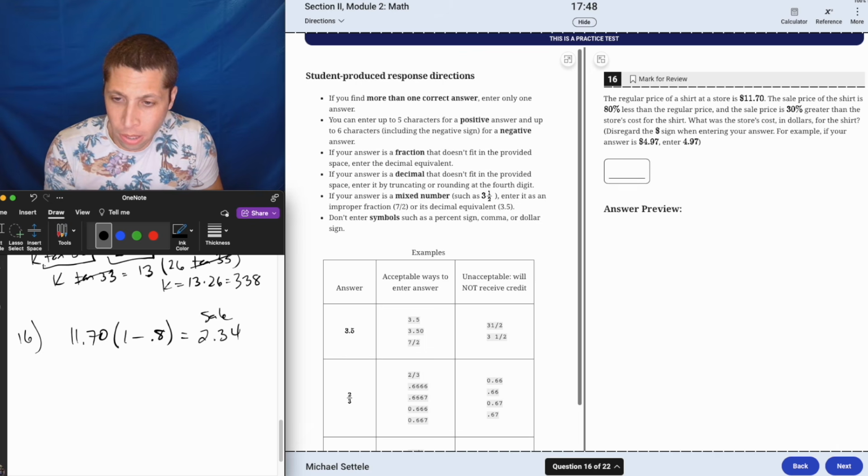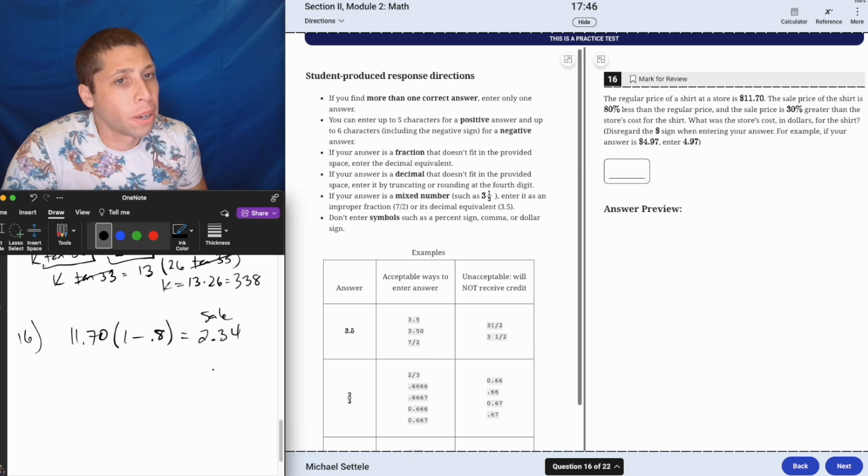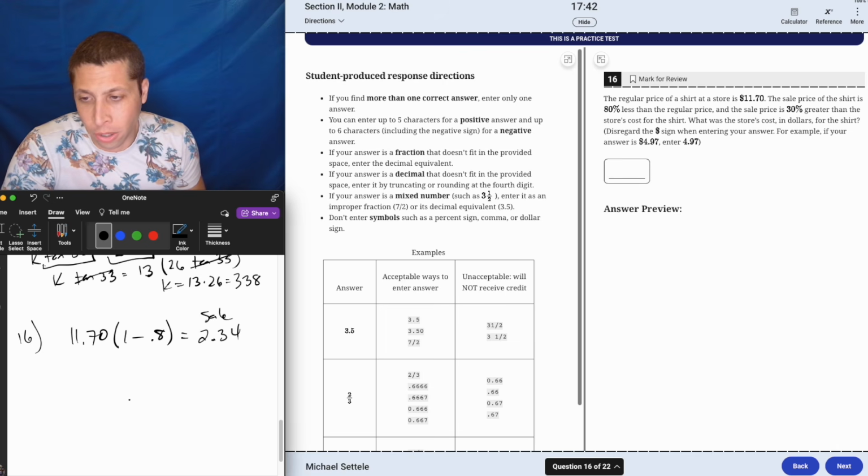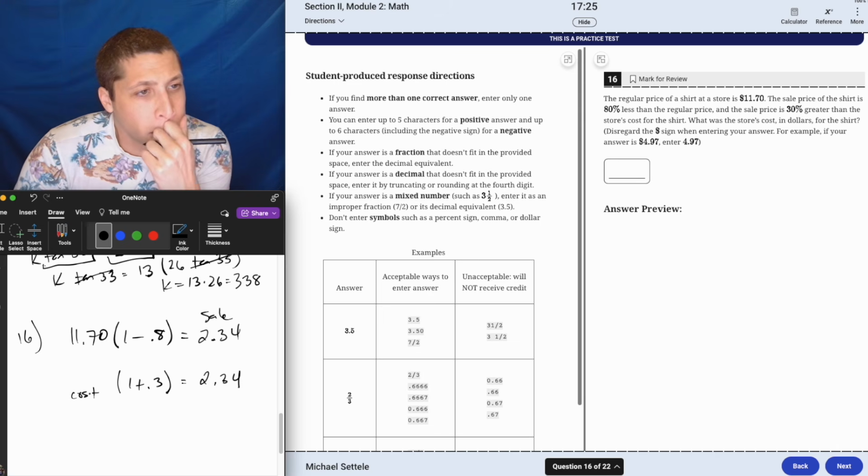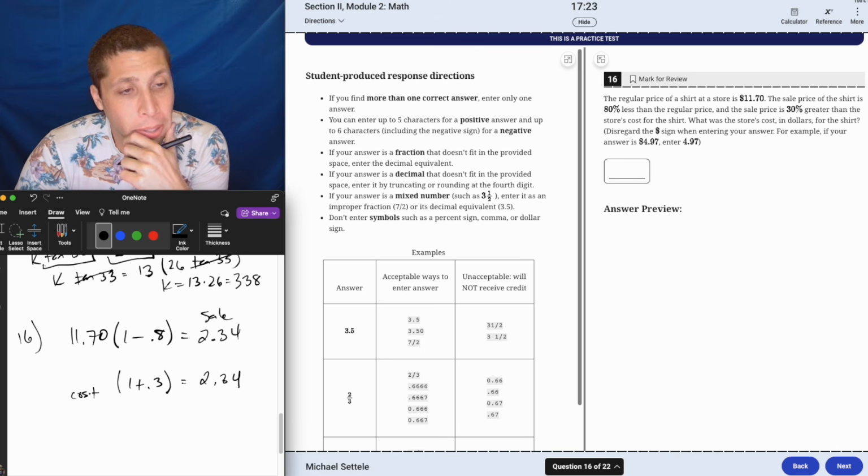I feel like I've done this question before. And the sale price is 30% greater than the store's cost for the shirt. So 30% greater than is this, then is this is the cost. The sale price of the shirt is less than the regular price.